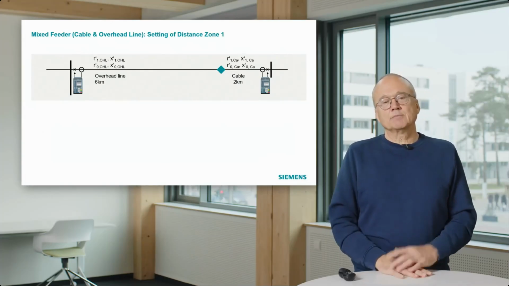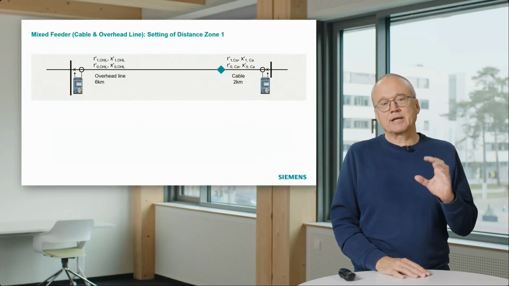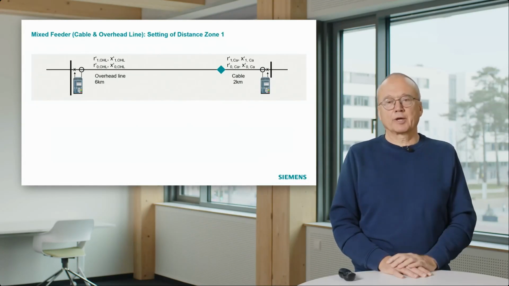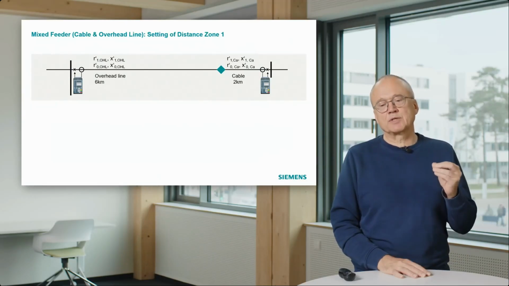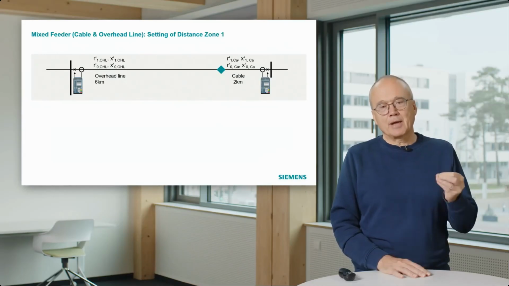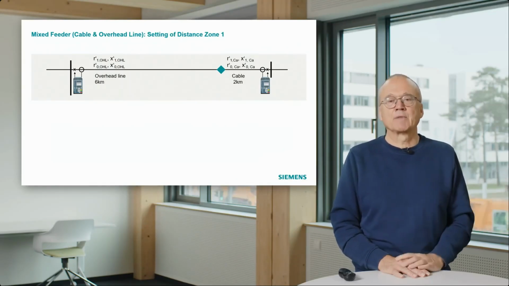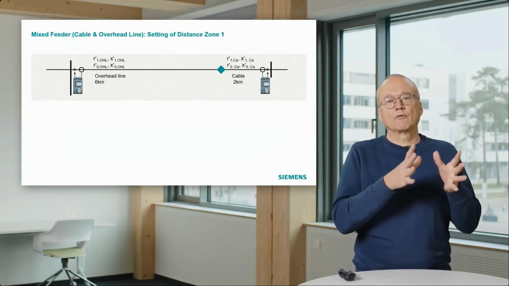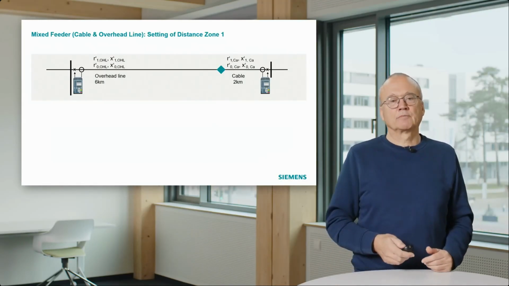If we have this system, of course we need the line data for the overhead line and for the cable. I've shown here the data we need. That means we need the positive sequence resistance per kilometer and reactance per kilometer, and we also need the zero sequence quantities, resistance per kilometer and reactance per kilometer, for both the overhead line and for the cable.